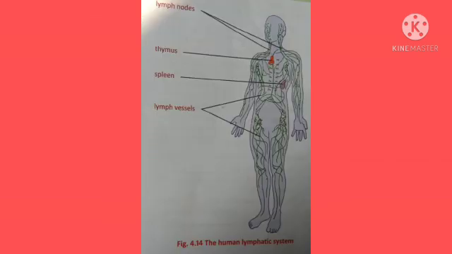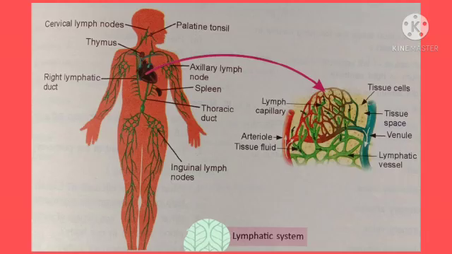In addition to blood, our body also has a lymphatic system that transports lymph through the body. Lymph is a fluid which is actually filtered blood. When blood reaches the capillaries, some of the water and dissolved solutes are filtered out from the plasma into tissue spaces to form a tissue fluid.